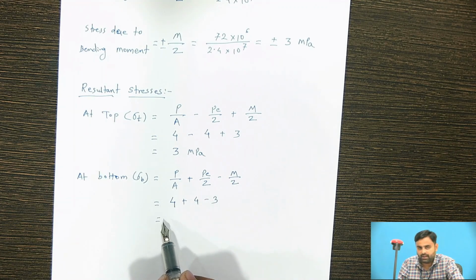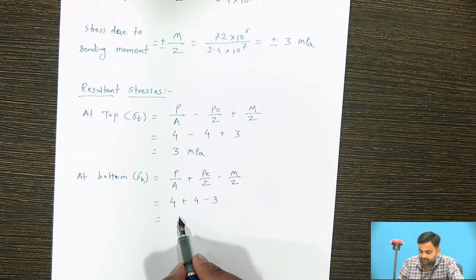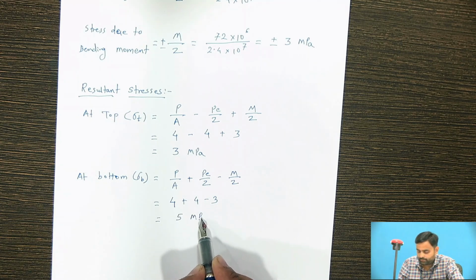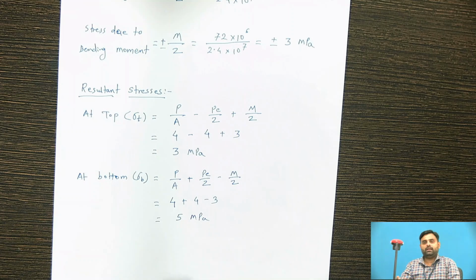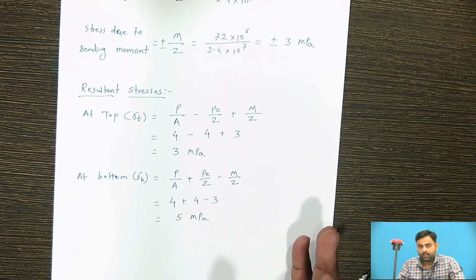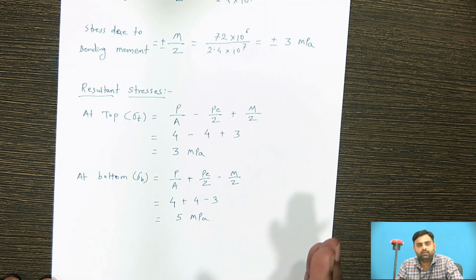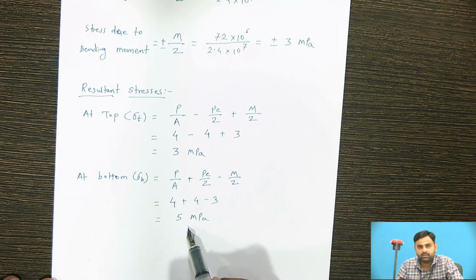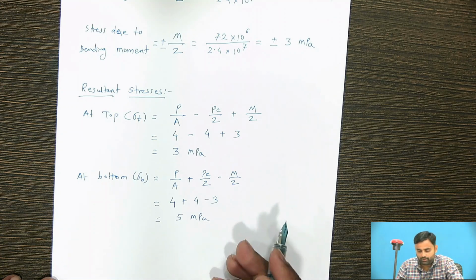So if you put these values, you will get the final answer as 5 Newton per mm square. So now we got the values of the resultant stresses: at the top it is 3 MPa, that is 3 Newton per mm square, and at the bottom it is 5 MPa, that is 5 Newton per mm square.